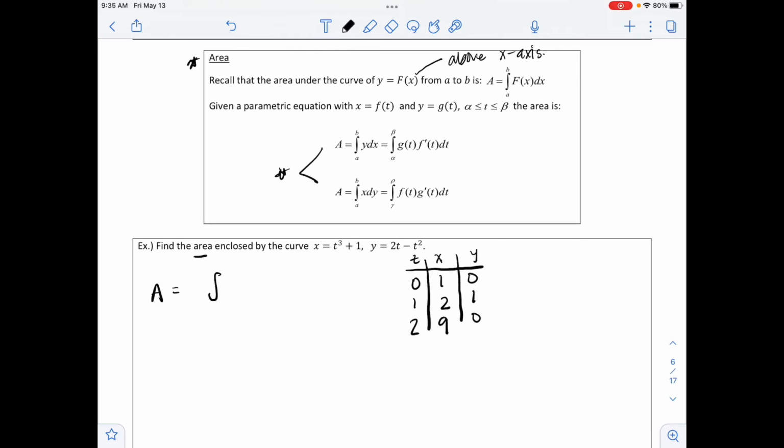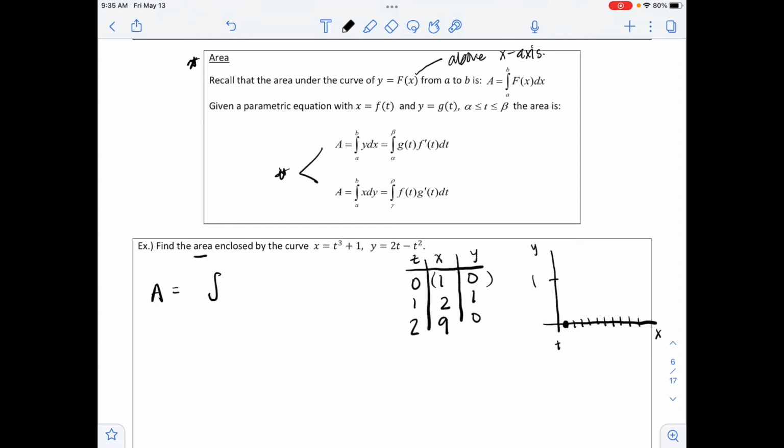So I'm going to go ahead and sketch this. If you notice, my x values go all the way out to 9, and my y values just go up to 1. So everything's in that first quadrant. So here's x, and here's y. And so the first ordered pair that we have would be right here with 1, 0.